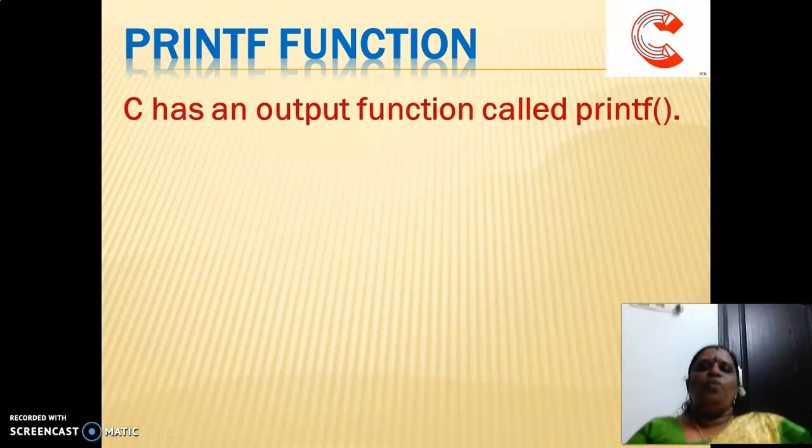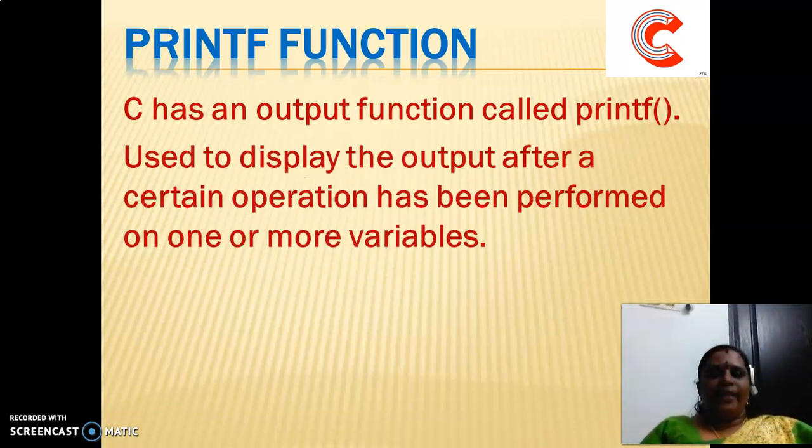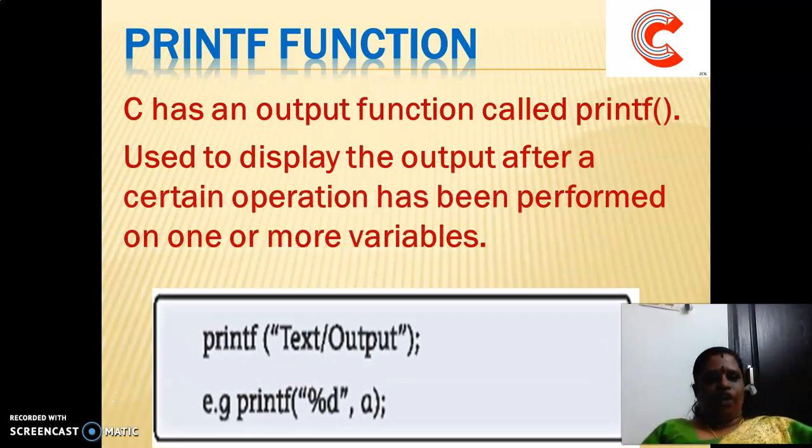Then we can go into the printf function. C has an output function called printf, which is in the stdio header file. It is used to display the output after a certain operation. For printing the output on the monitor or your console, we write printf with the text or output. For example, printf %d. This %d tells the compiler that the variable a is an integer.